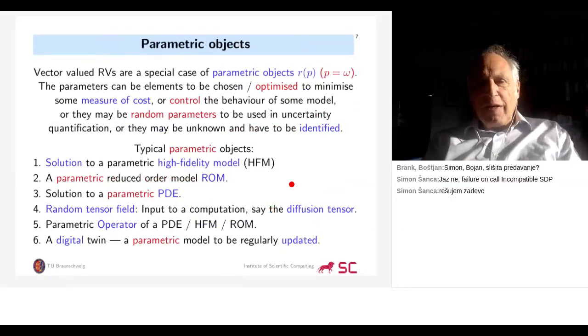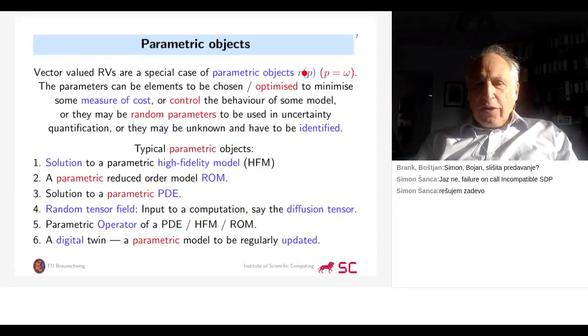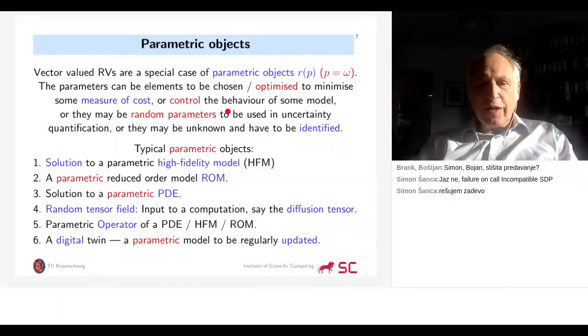Good, so let's look at parametric objects in general. Think of R of P. R is a generic parametric object. P is a generic parameter. In our case, P was a random variable, but these parameters appear also in other contexts.